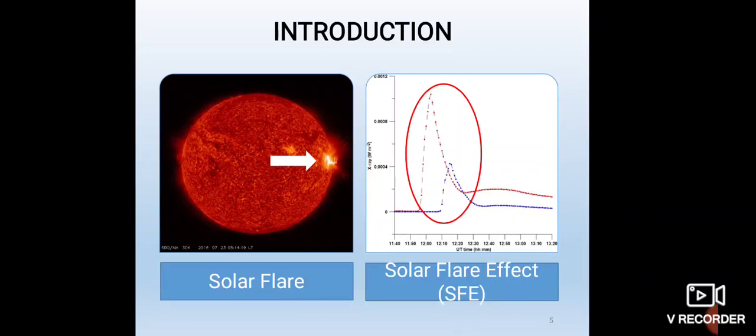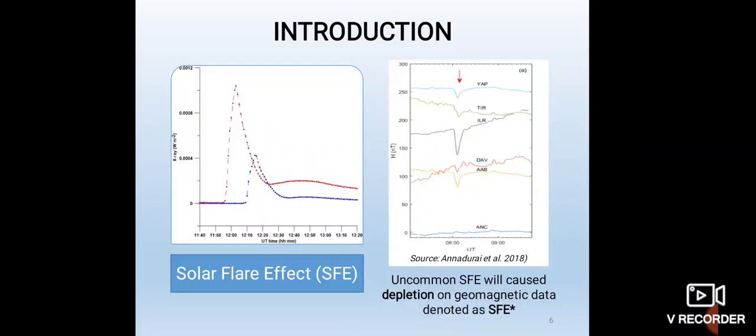Contrary to the normal SFE behavior, we denote this uncommon event as SFE star. From the figure taken by the study Anadura et al. 2018, we can see that SFE star will cause depletion on geomagnetic data.